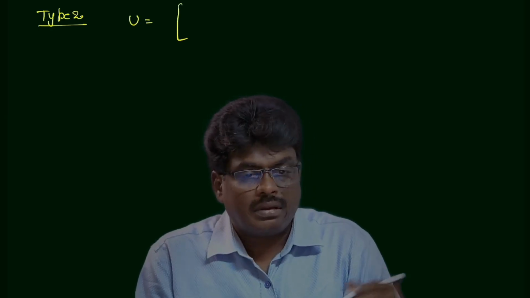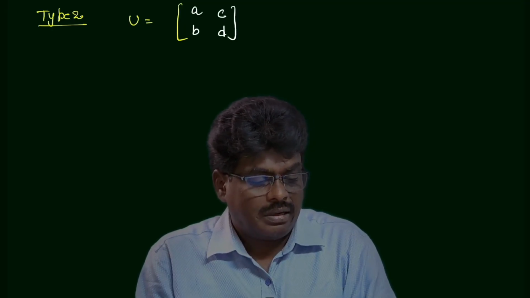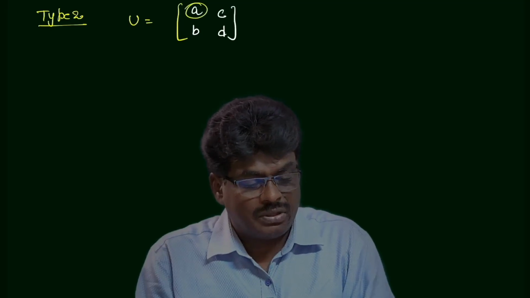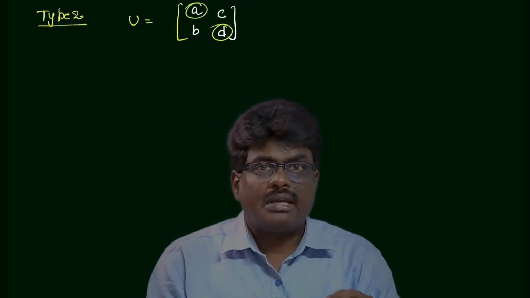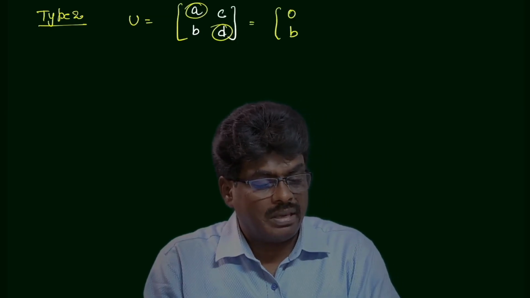So here I'm taking this type 2, where we have this unitary matrix A, B, C, D, and I'm taking A as 0 and D as 0, and C and B are not equal to 0. That means this is 0, B, C, 0.